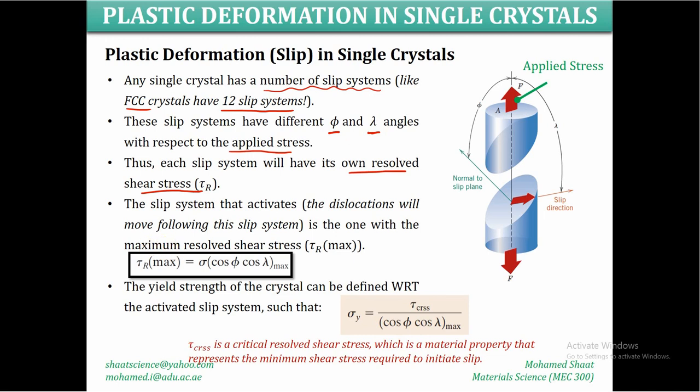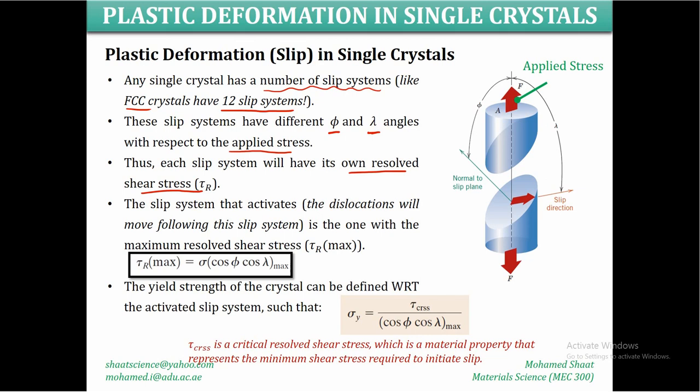So the question is, the dislocation is going to move following which specific one of these slip systems? It is going to follow the one with the maximum value of the resolved shear stress. So this is how we can judge which one of these slip systems the dislocation is going to follow, over which slip plane and over which slip direction.